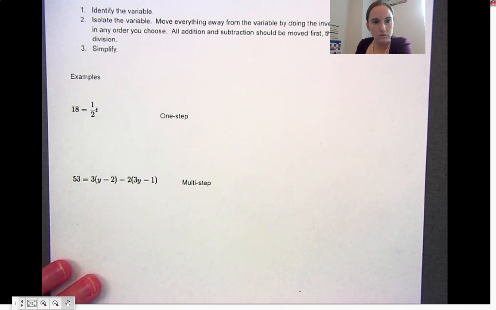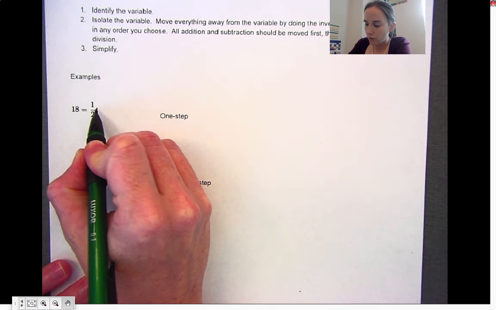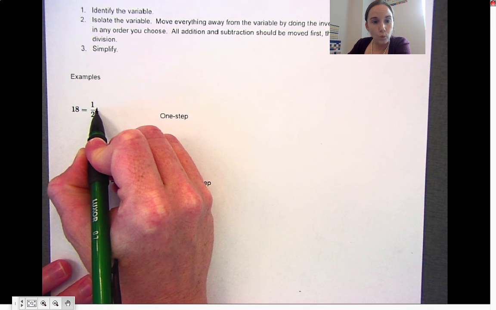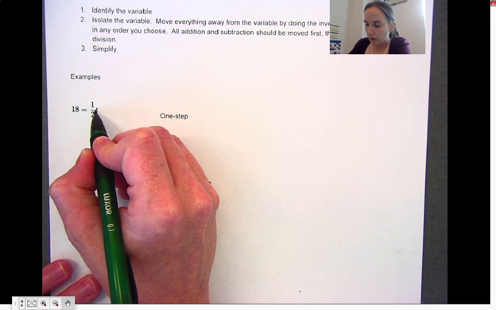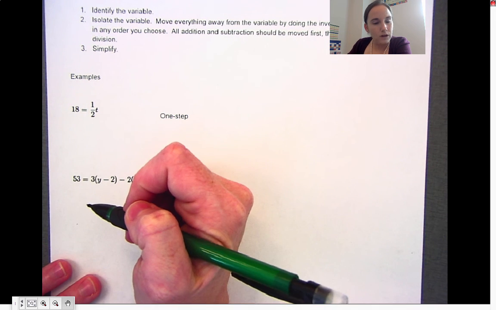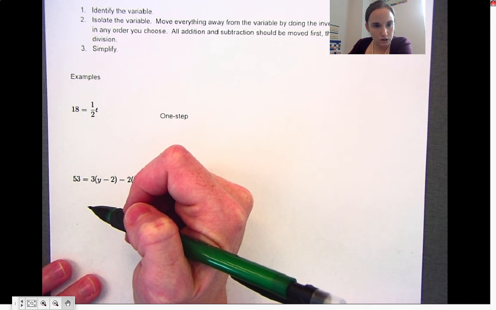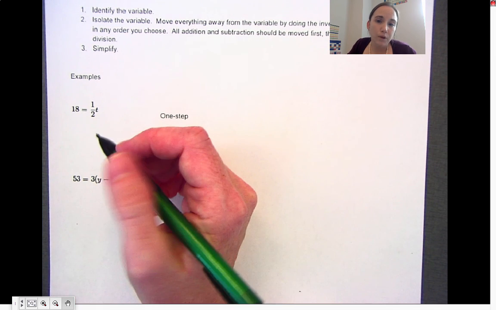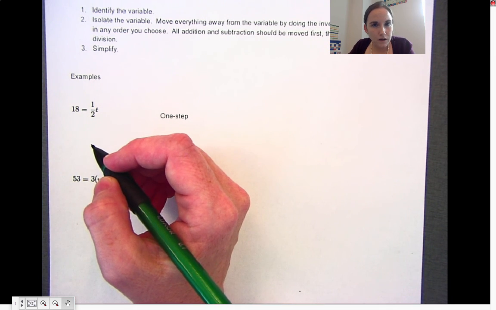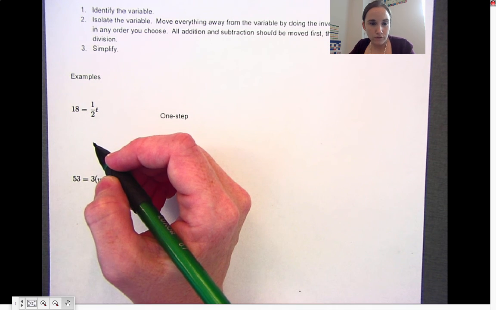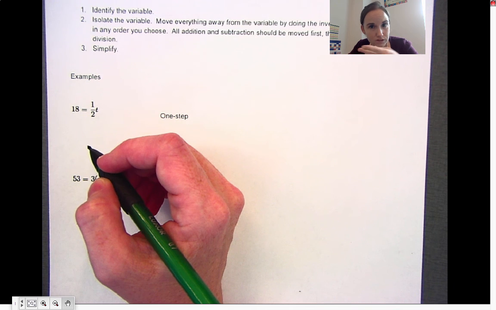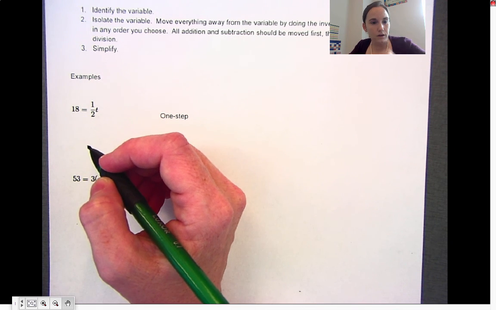So first I want to locate the variable or identify it. The variable is t. And right now, the only thing that's happening with the t, on the same side of the equal sign, is it's being multiplied by 1/2. Now, in order to get rid of a fraction, 1/2, if I'm multiplying, the inverse would be divide, but you know that to divide by a fraction means to multiply by the reciprocal, when you flip the other fraction.